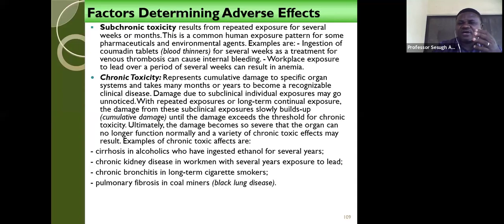An environmental example is injection of blood thinners for several weeks as a treatment for thrombosis, which can cause internal bleeding. And maybe in your workplace, you are being exposed to a particular chemical all the time.